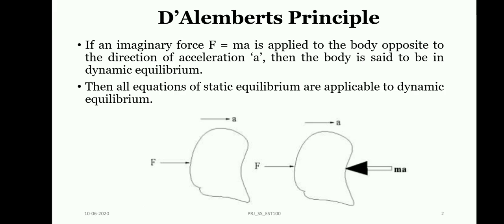In the second figure, you see that the reverse force, that is mass times acceleration, is applied opposite to the direction of F to maintain the body in equilibrium. Clear?